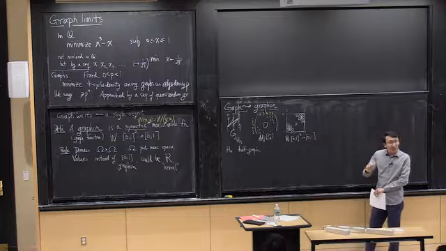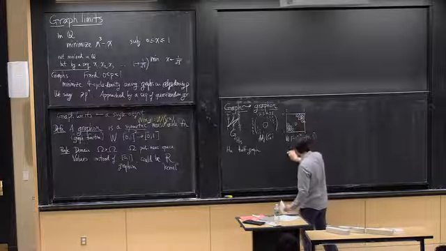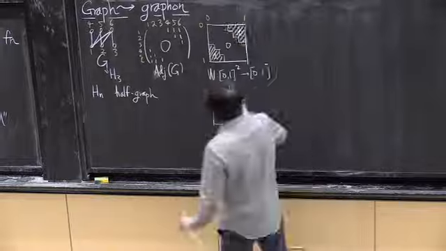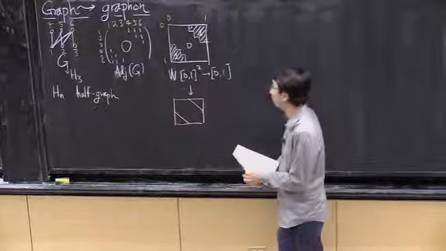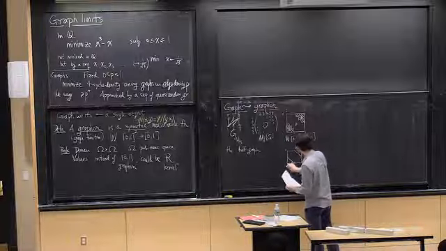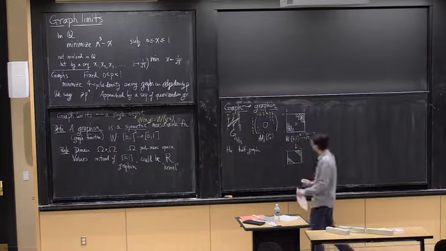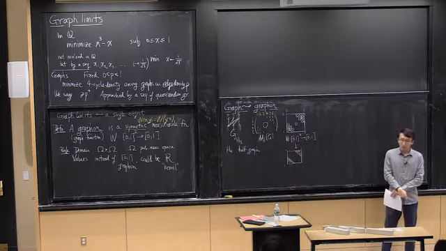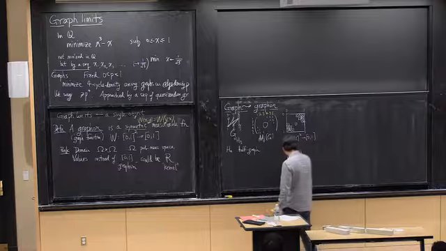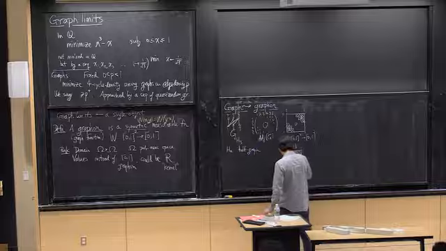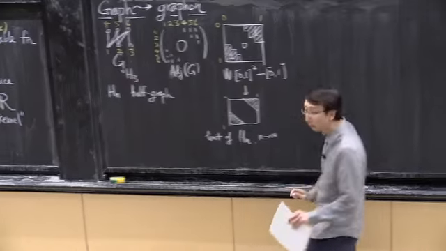And you can imagine that as n gets large, this picture looks like, instead of the staircase, you just have a straight line connecting the two ends. And indeed, this function here, this graphon, is the limit of the sequence of half graphs as n goes to infinity.